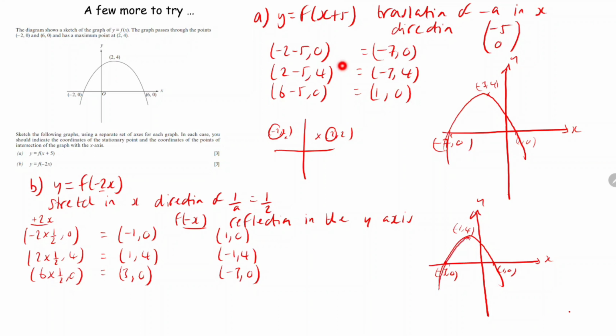Comes up through that point and down through this one. Essentially what's happened here, if I just adapt this first diagram up here, the minus 2x has brought each of these points in by half, and then it's reflected them over, so that one's come over here, this one's come to there, this one's gone to there, and we've ended up with a graph in this position. Okay?